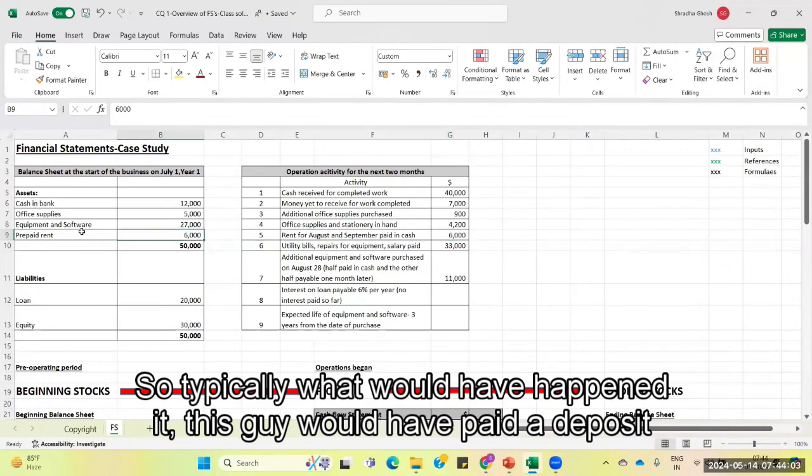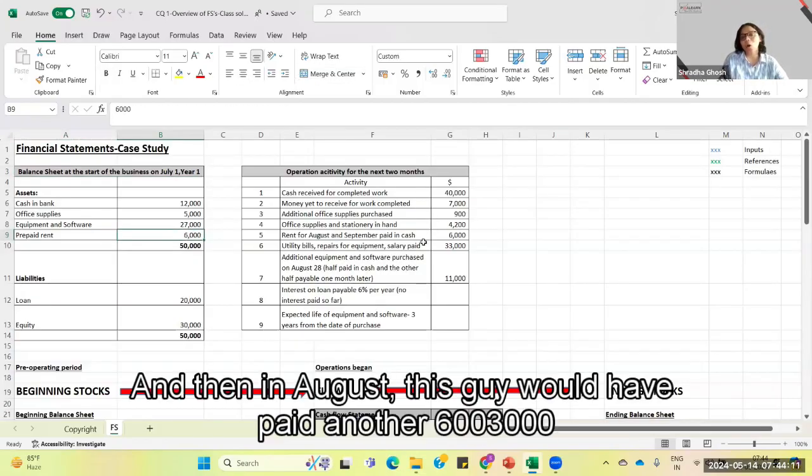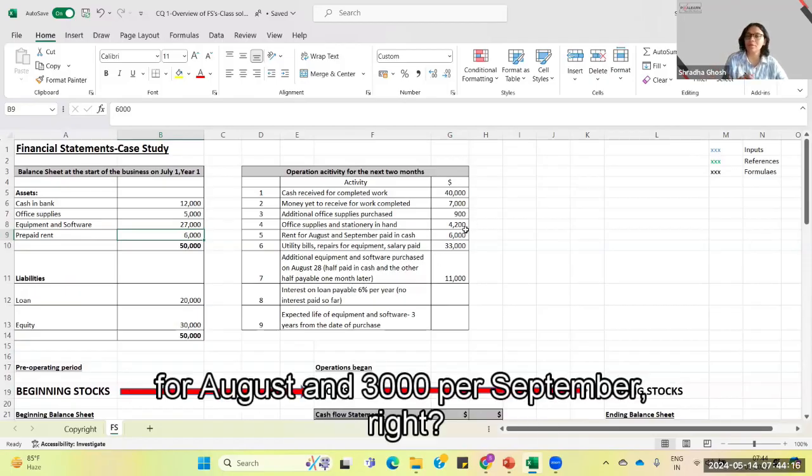Typically what would have happened is this guy would have paid a deposit of 1 month and entered after paying the rent for the month of July. And then in August, he would have paid another 6,000, 3,000 for August and 3,000 for September, right?